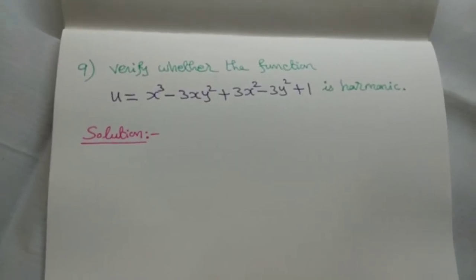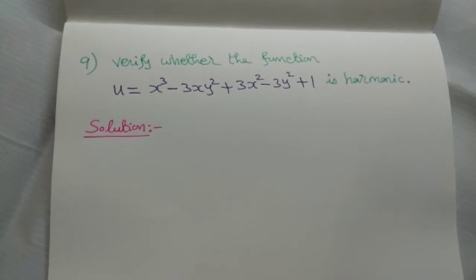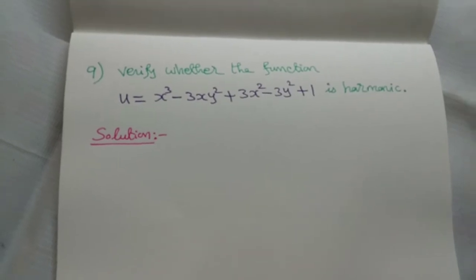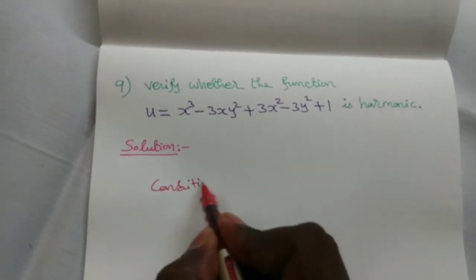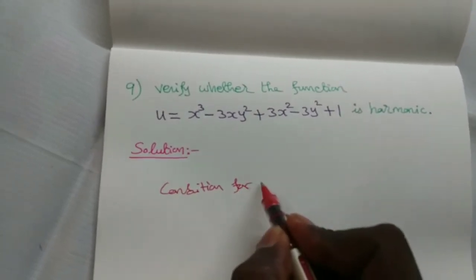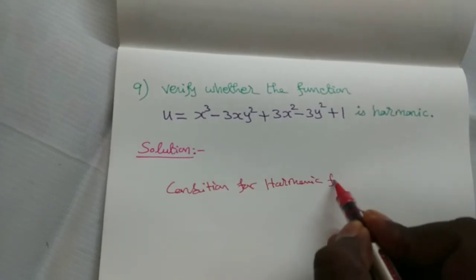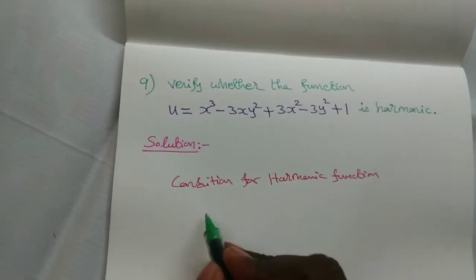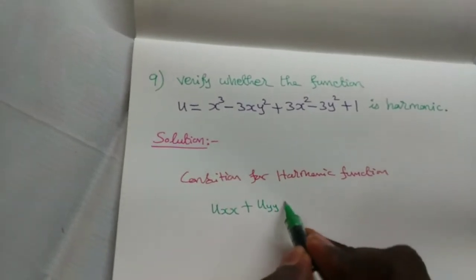Verify whether the function u is equal to x cube minus 3xy square plus 3x square minus 3y square plus 1 is harmonic. Okay, first the condition for a harmonic function. Is uxx plus uyy equal to 0?